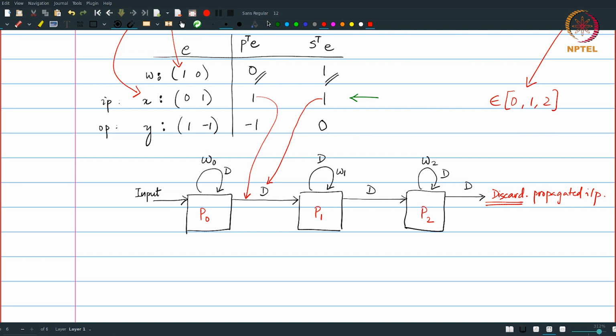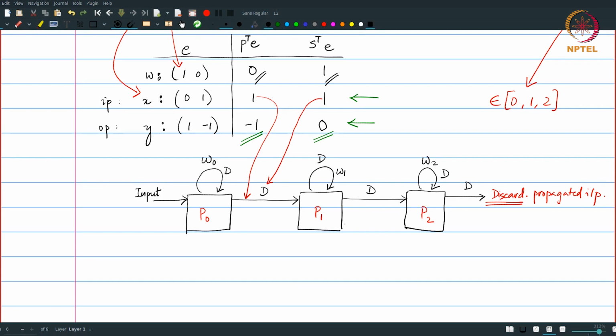What is more important, on the other hand, is what happens to the Y value. And if I look at this, what I can see is, number one, the value needs to propagate towards the left. In other words, from P2 to P1, P1 to P0, etc., because the P transpose E is -1. But it also says that S transpose E is equal to 0, which means that I need to do this propagation without having any delay on that edge.